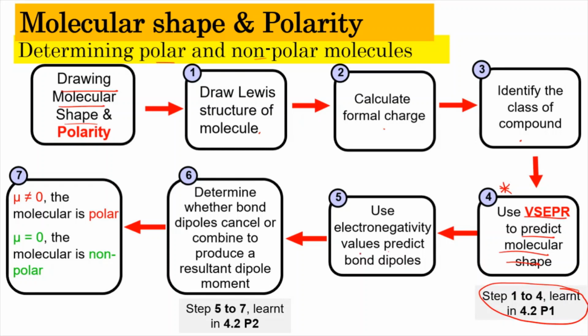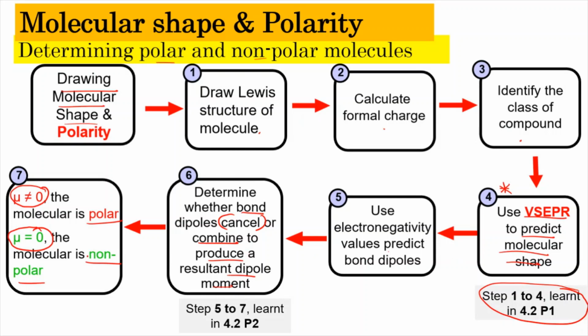And from that, you can further determine the dipole moment, whether the bond dipoles cancel out or combine to produce a resultant dipole moment. So if the dipole moment is not equal to 0, then it is polar. If the dipole moment is equal to 0, then it is non-polar. So the steps here are very, very important.